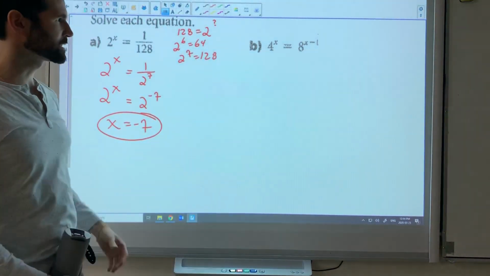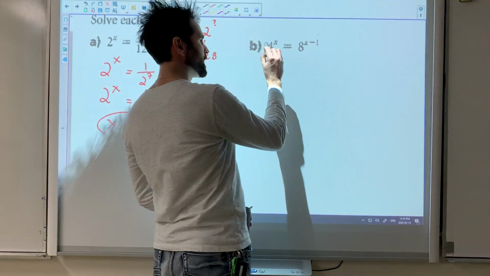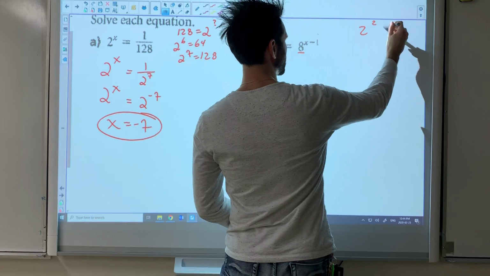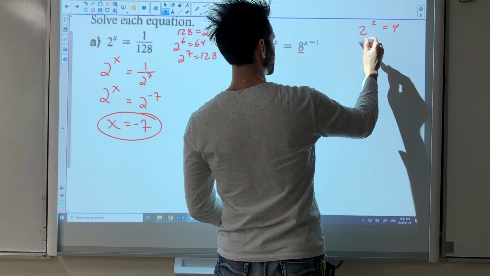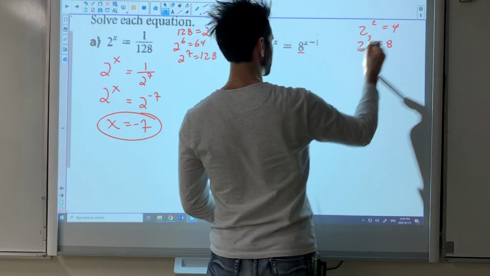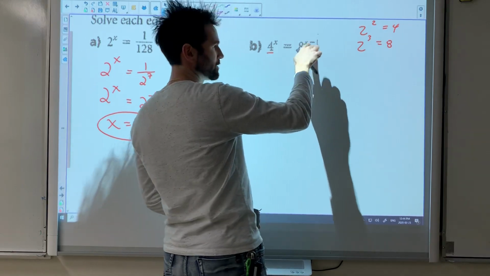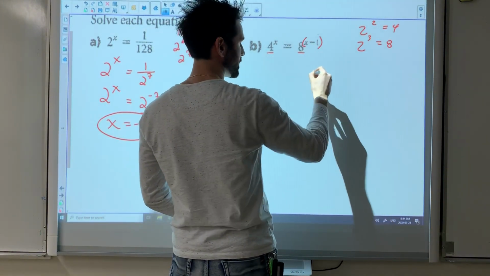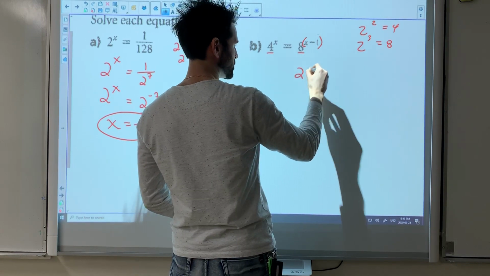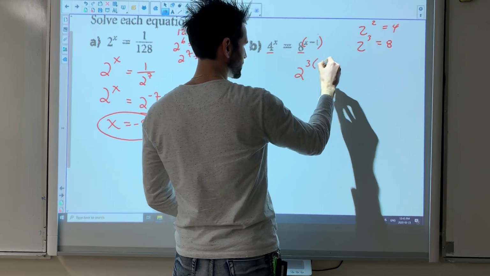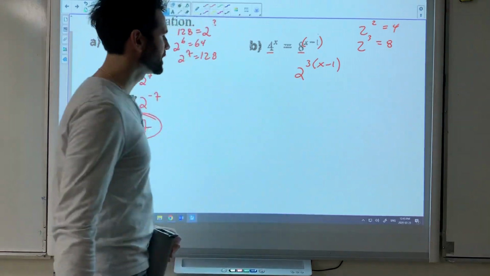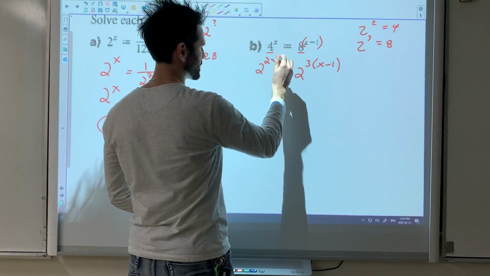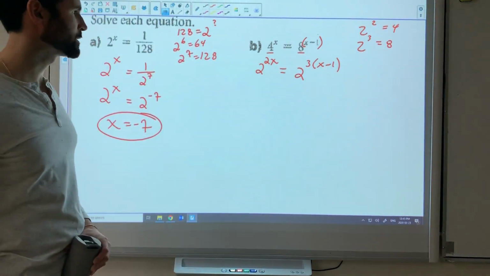Okay, we've seen ones like this already, but just to do some more. 4 and 8, well, I can write 4 as 2 squared, and I can write 8 as 2 to the power of 3. So be careful if you have an exponent that is a binomial or bigger, you're going to need brackets around it. So when I rewrite 8, it's 2 to the 3, open a bracket, x minus 1. Over here, 4 is 2 squared. Now I just have an x, so I'm just going to pop it in there, no need for brackets.